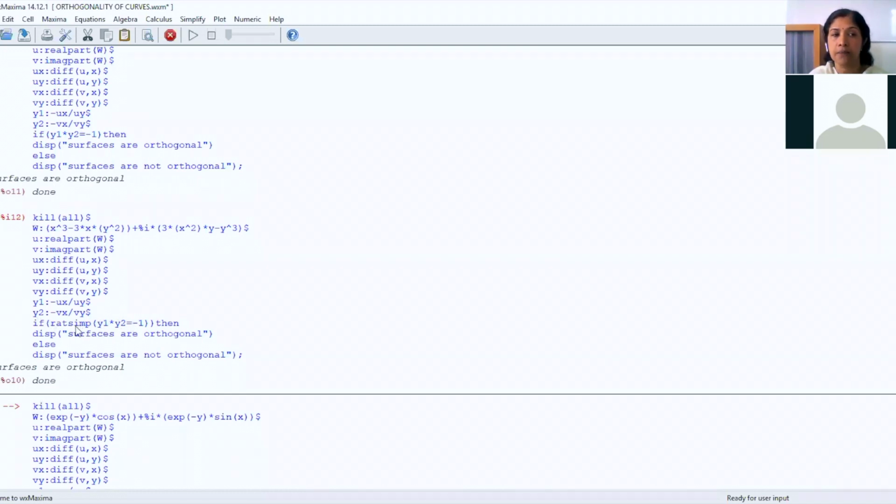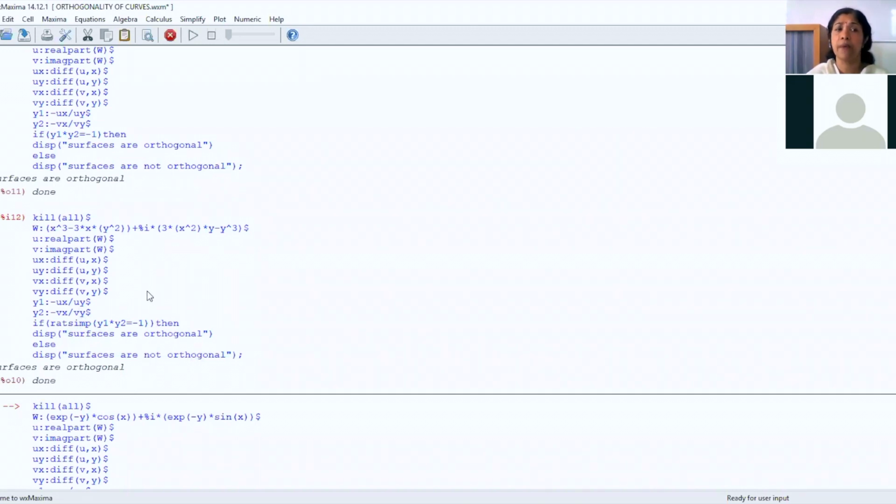If you are not getting the output for these questions, you have to put ratsimp. So we are making Maxima simplify the dy by dx into dy by dx for the two curves more. If the simplification is not carried out properly, you will not get the surfaces to be orthogonal. Without this ratsimp, you will not get the surfaces orthogonal.